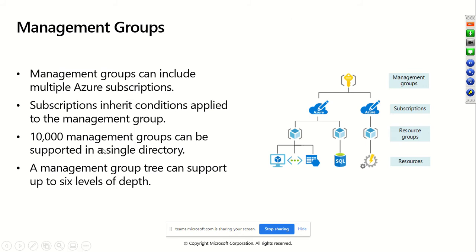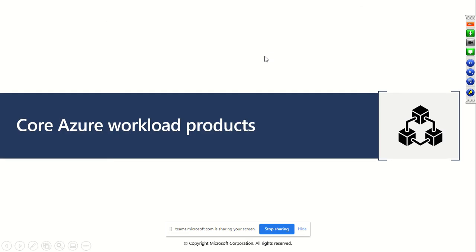One company can have up to 10,000 management groups, and under the management group, they can create up to 6 different levels. They can have several Azure subscriptions. Subscriptions contain resource groups, and you know that resource groups also contain the resources.